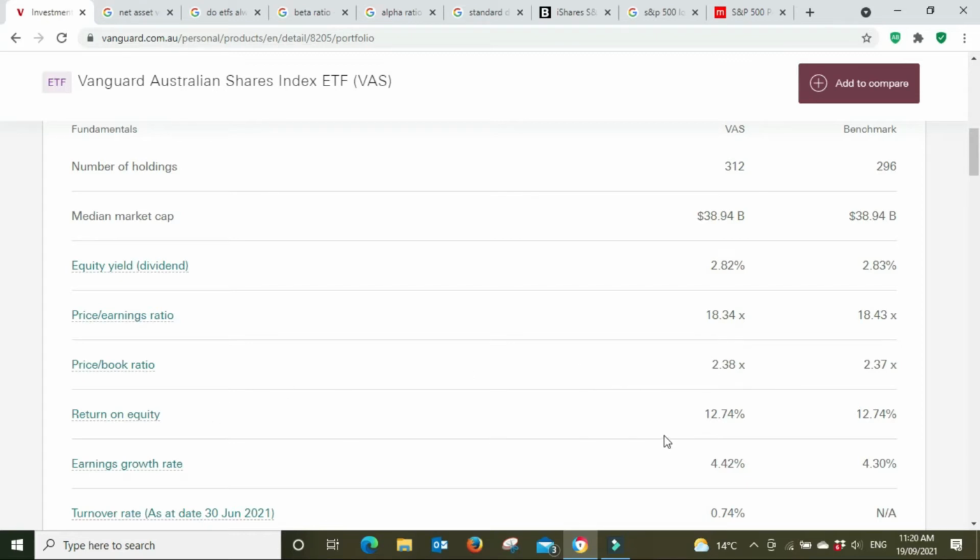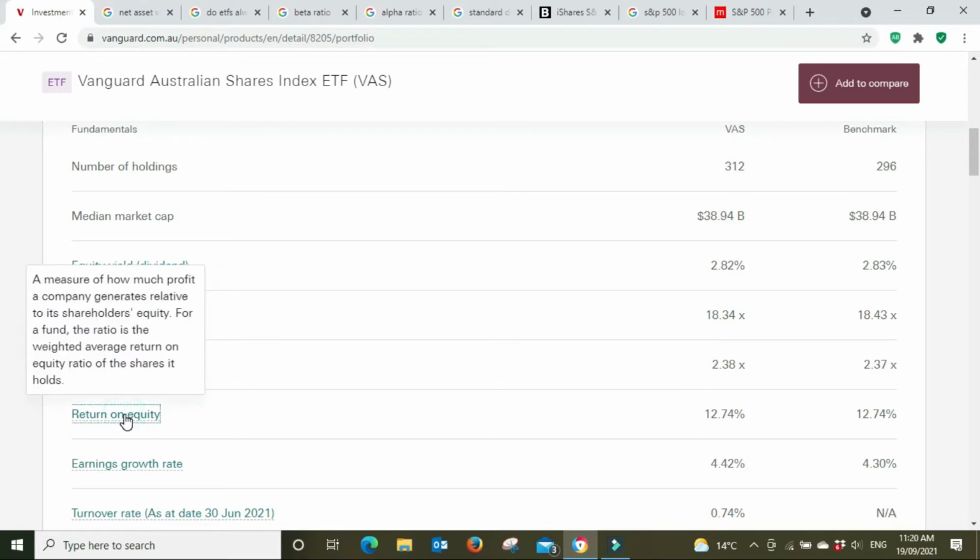Return on equity. Now this is basically the return based on the equity in the company. You can hover over these labels here and click on them for more detail, and we'll see what they tell us here. The return on equity is a measure of how much profit a company generates relative to its shareholders' equity.